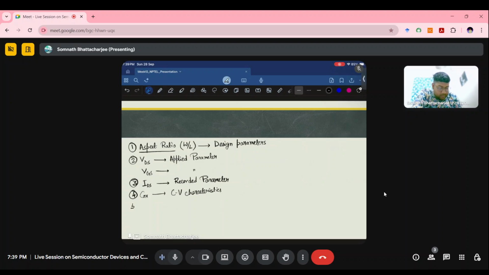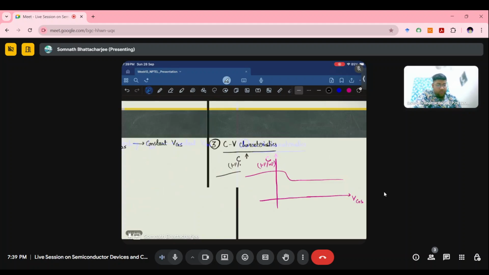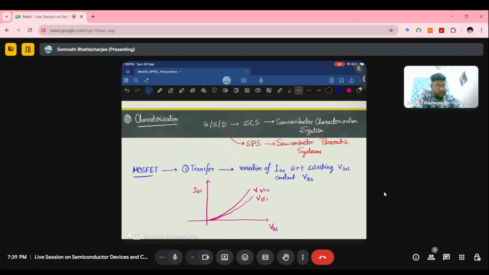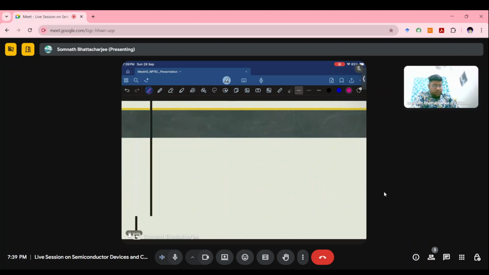Now our next parameter we need to estimate is the value of VTH, or the threshold voltage. So how to calculate this threshold voltage? We need to go to the first plot here, and based on this transfer characteristic we can plot it directly. What we'll do is plot the transfer characteristics with respect to IDS to the half and VGS. Why are we plotting like this?